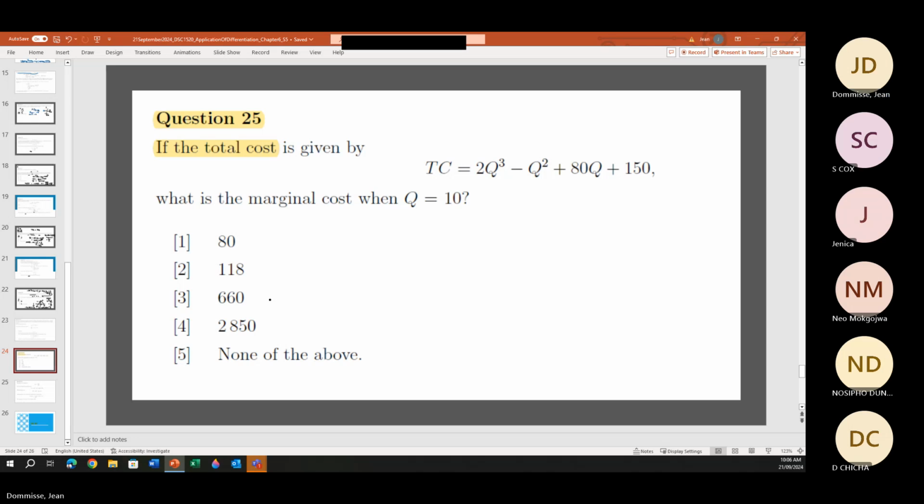Okay, so the last one for today. Again, I wanted to put in a quadratic one here. Total cost is given by this. We need to get marginal cost, and then we need to get marginal cost when Q is a specific number. So first thing, if you put 10 into this original function, you will get an answer.